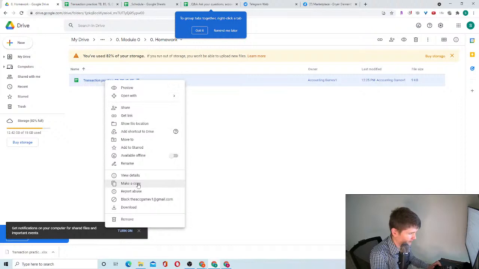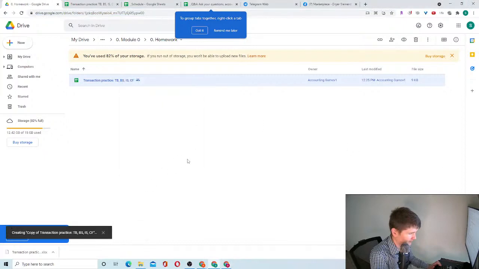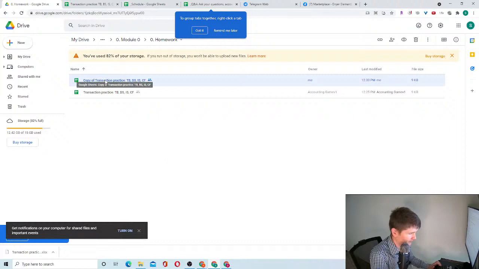Alternatively, if it's more convenient, you can make a copy of the file from the homework. Let me send that link here. Can someone try if they can make a copy from the Google folder? And you move that copy to your own folder, so you do not create copies here.